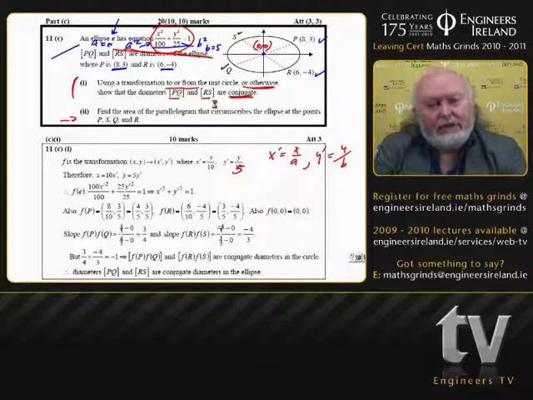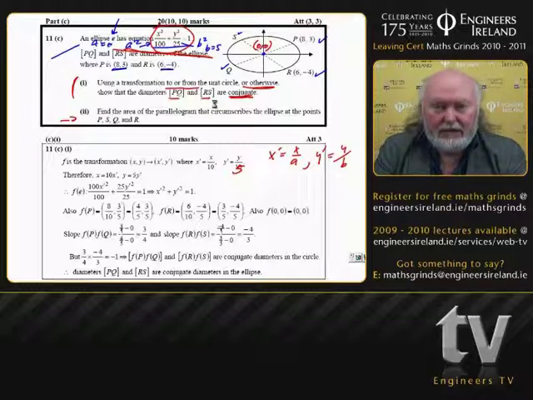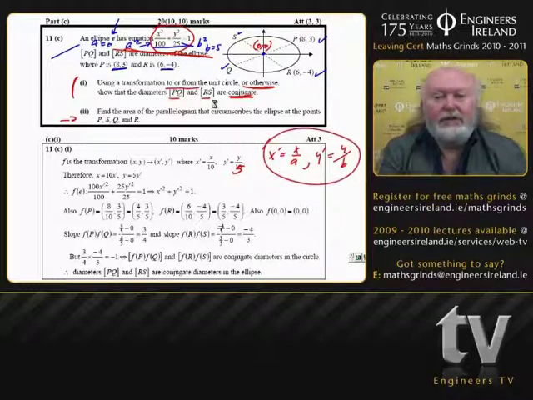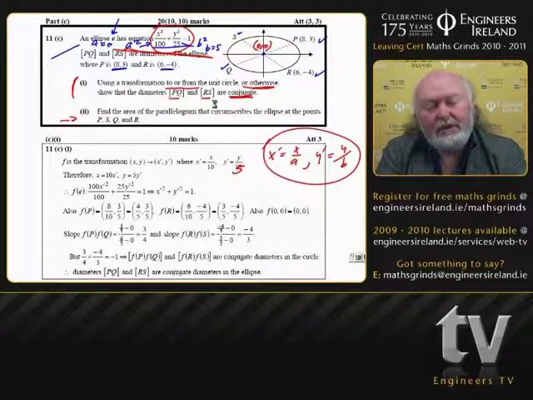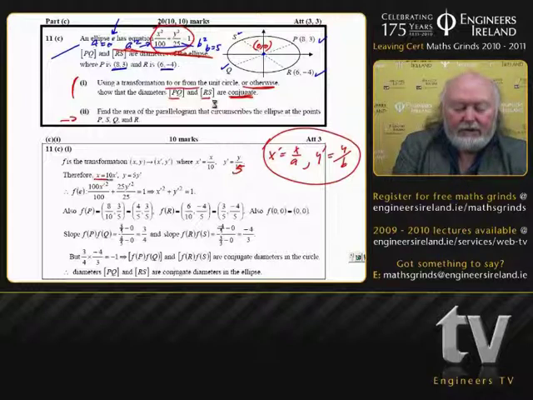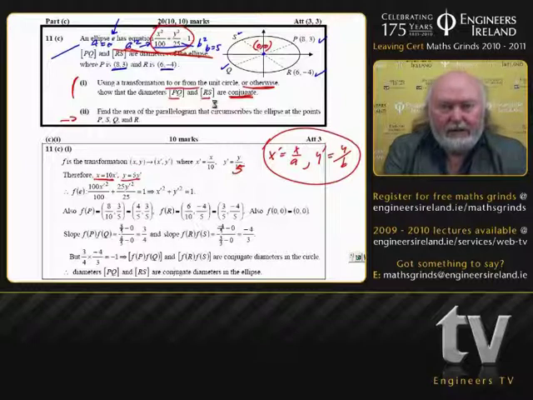For any of your ellipses, if you want to transform across to the circle world, they're the equations of the transformation you use when you're dealing with centered ellipses. So we can say our transformation is x equals 10x dashed and y equals 5y dashed.